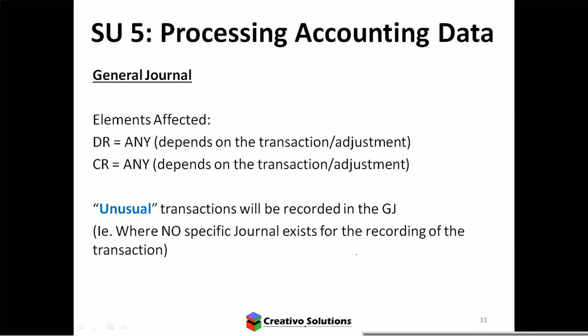Okay, so if I'm looking at unusual transactions, what could that be? What would an unusual transaction be? Something that's not cash, that's not creditors, and that's not debtors. Can't you think of one? Other. Do you remember depreciation?